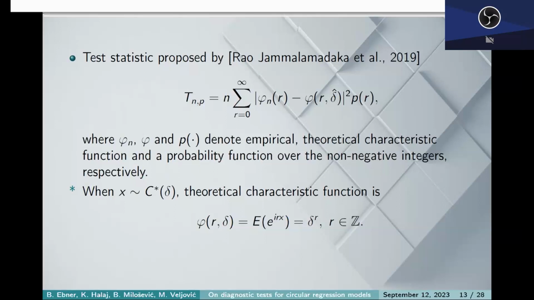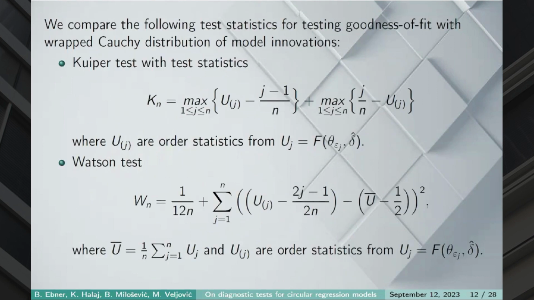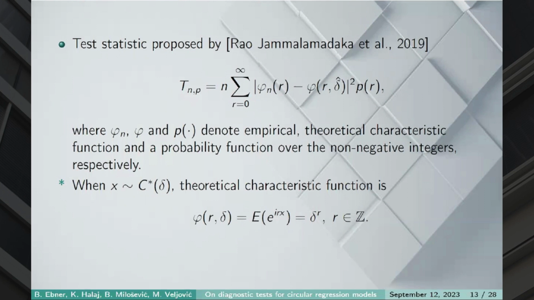I would like to underline here that in the case of circular random variables, theoretical characteristic functions are always defined only for integer values. That is the consequence of the fact that circular random variables are invariant to adding 2 pi. And for these test statistics, the Kuiper test, Watson, and also the test proposed by Rao and Yamal-Madaka, all 3 tests are not distribution free.